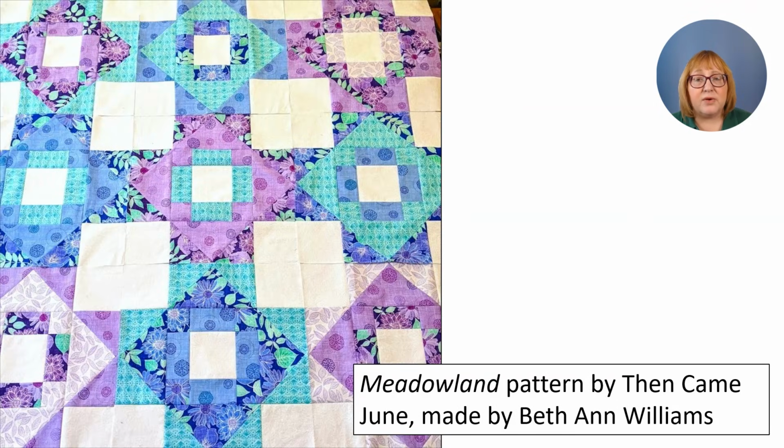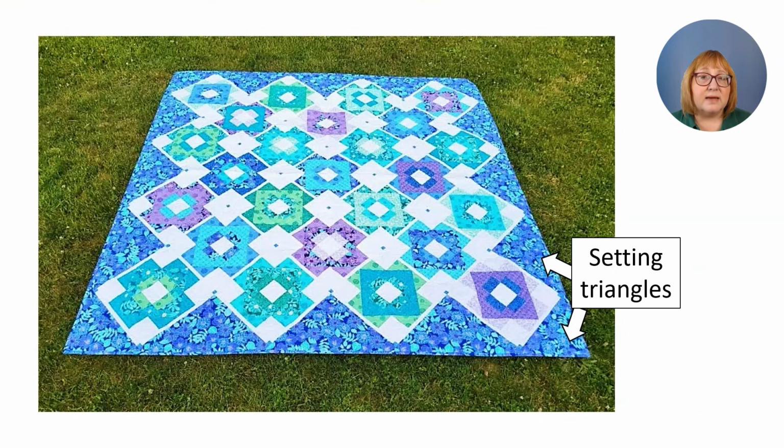Let's look at a different scenario. Here are some of the Meadowland blocks I made from the pattern by Then Came June. But instead of this layout, I decided I wanted to add sashing and cornerstones between my blocks and set the blocks on point. This meant I needed to add setting triangles, while making sure to avoid placing stretchy bias edges on the outer edges of the quilt where it might cause the quilt to ripple.